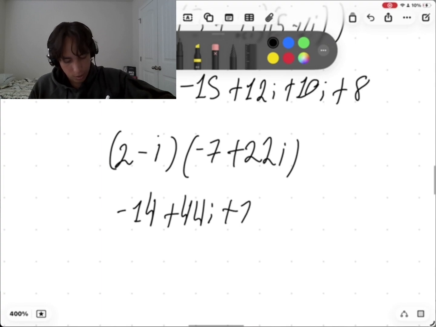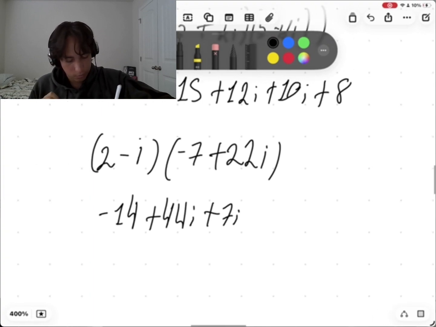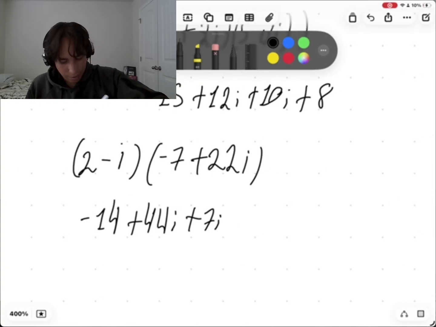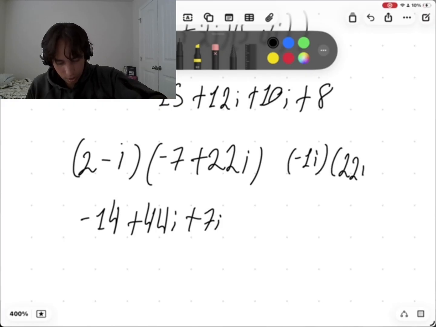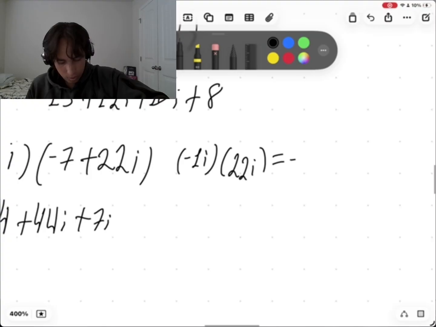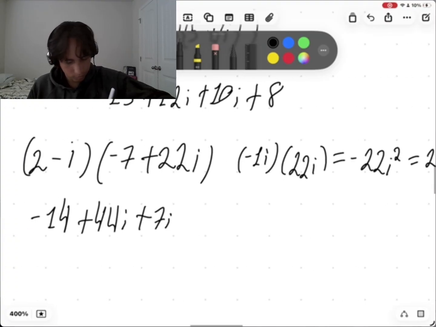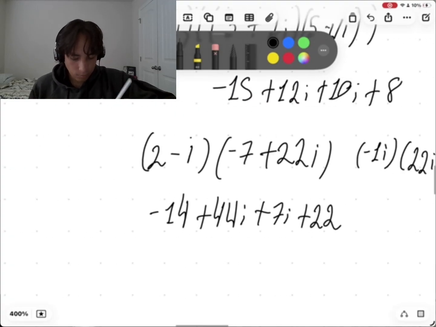We get plus 7i. And then apply the thing. So this is negative i times 22i, which becomes negative 22 i squared, which is plus 22. Right? Yeah.